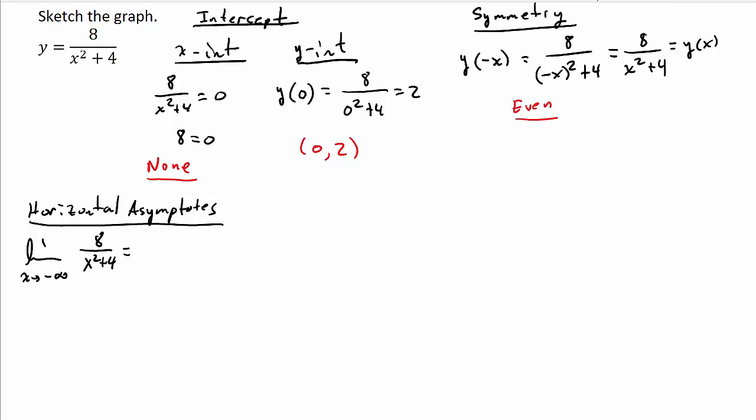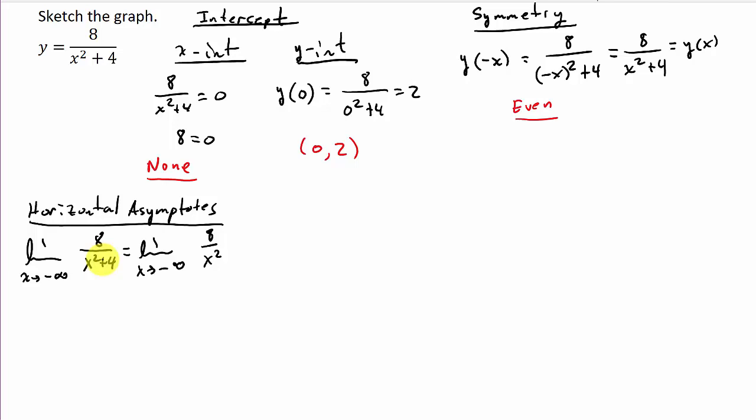So hopefully you remember how to find these limits as x goes to infinity or negative infinity. Well, remember, this is just the limit as x goes to negative infinity of 8 over x squared. Remember, you just keep the largest exponent from the numerator and the largest exponent from the denominator.